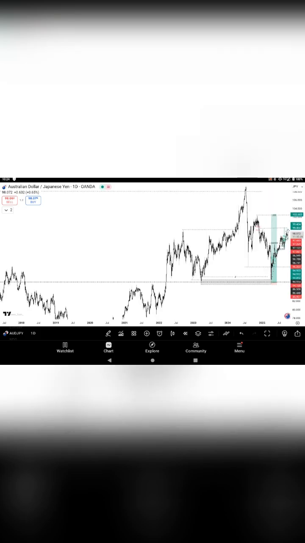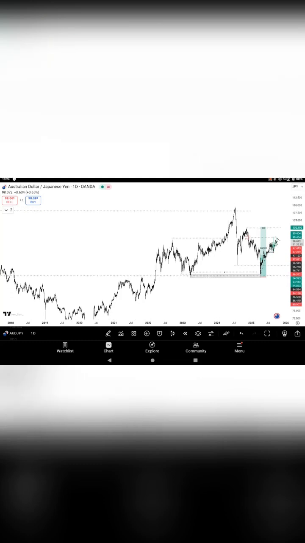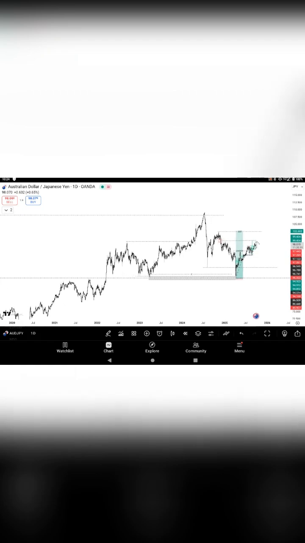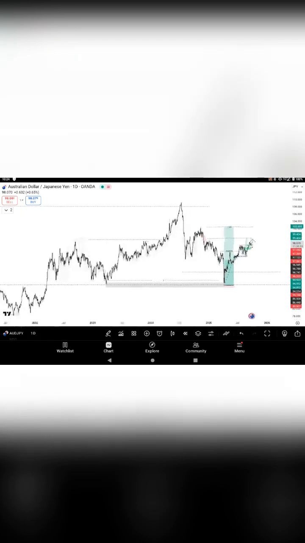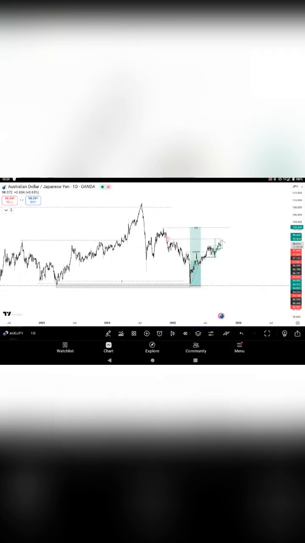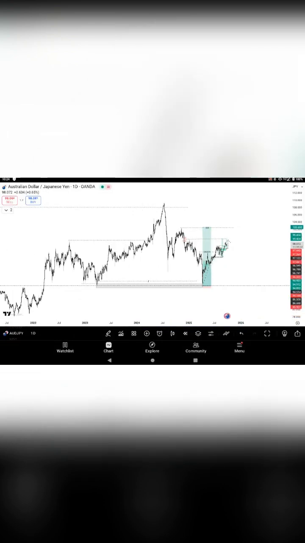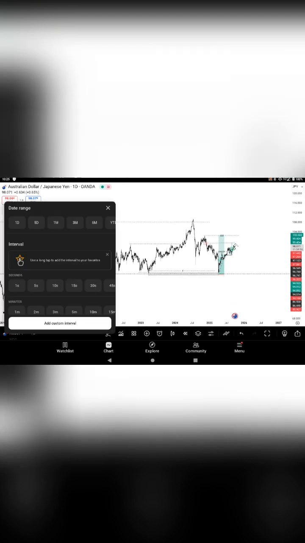Okay, so generally we are in a bullish market. This is where the buy started from, and it's been a crazy ride, very crazy one. Now if you look at higher time frame, price swept liquidity above the all-time high.